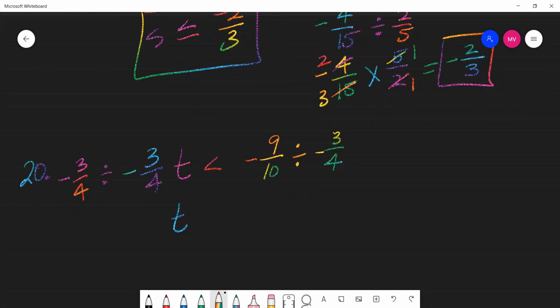Yeah, because it's negative. So T must be greater than -9/10 times 4/3. This becomes 1, this becomes 3, this becomes 2, this becomes 5. And we end up with the answer 6/5.